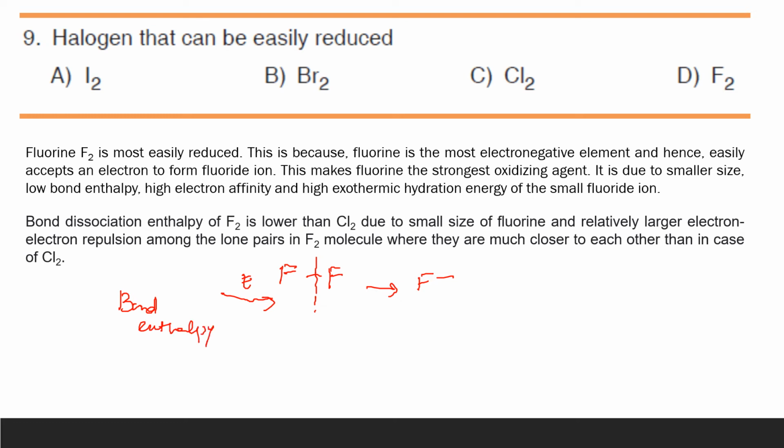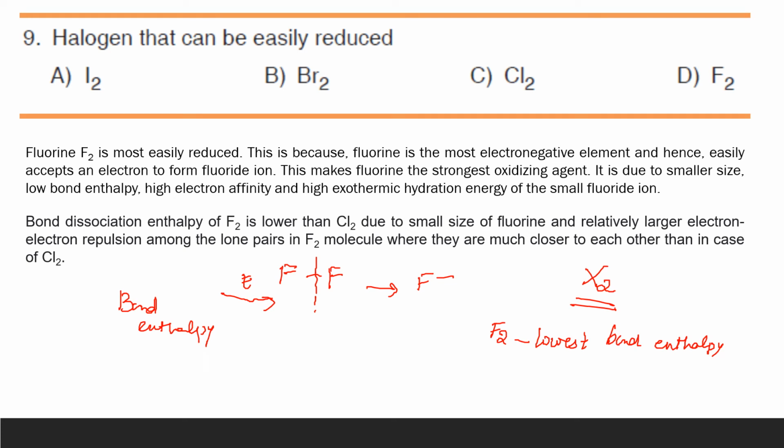If you consider the bond enthalpy of various halogen molecules, that is X2 molecules where X can be fluorine, chlorine, bromine, iodine, F2 has the lowest bond enthalpy. That is, with a minimum amount of energy, you can break this F-F bond.